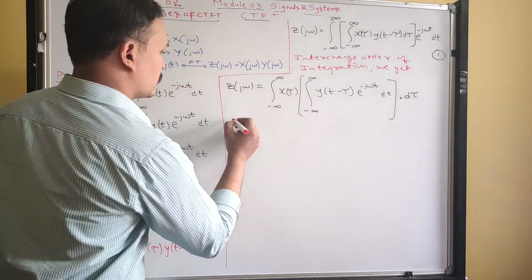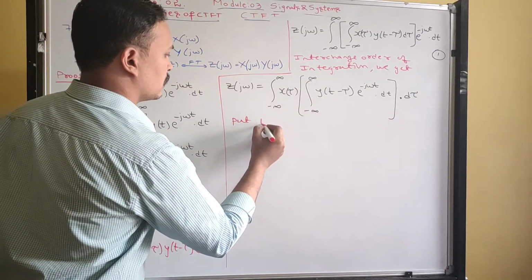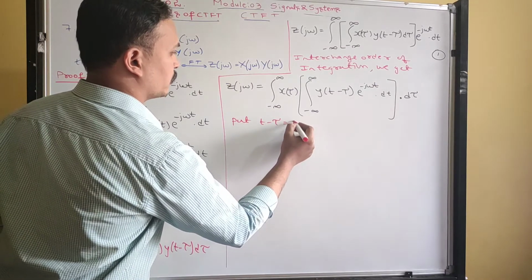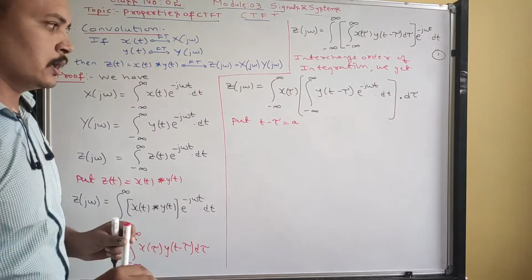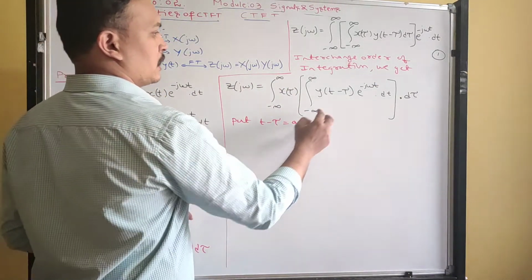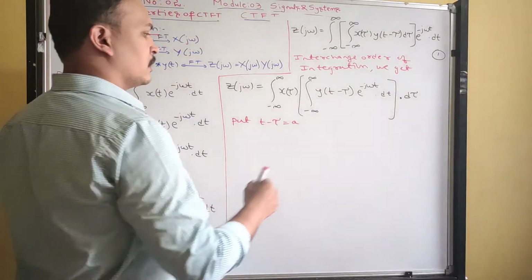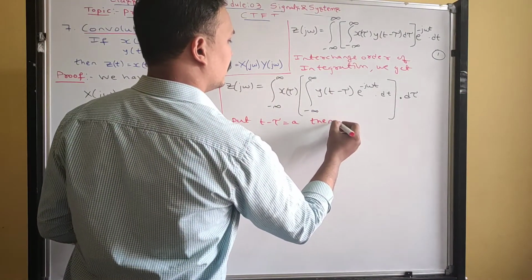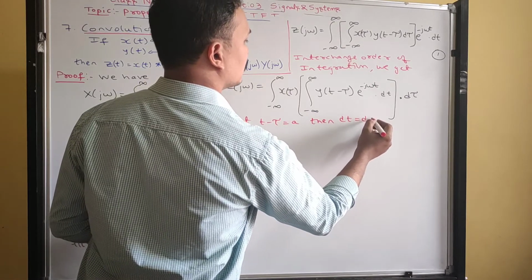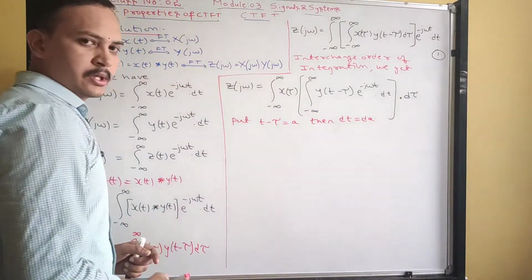Now put t minus tau equal to a new arbitrary constant a. Replace t minus tau by a, then dt becomes dA.